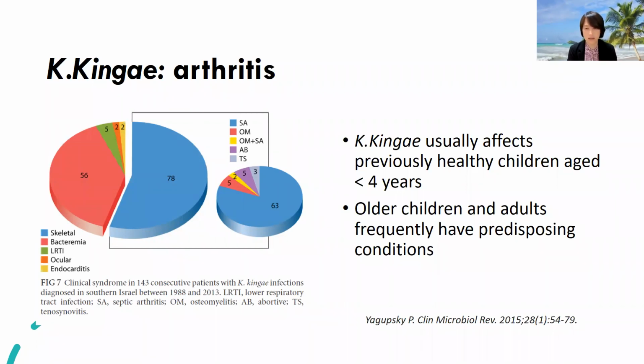At that time, we thought about Kingella kingae arthritis, which usually affects previously healthy children aged less than 4 years. If it happens in older children and adults, those populations usually have other underlying conditions.